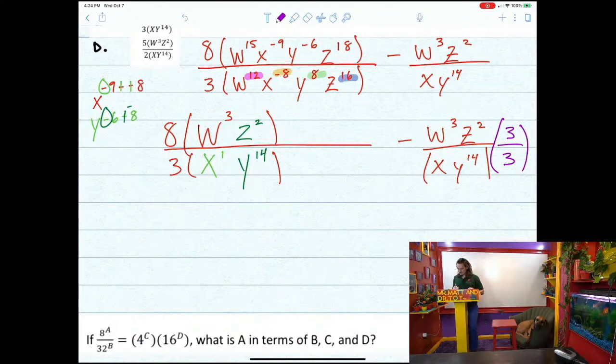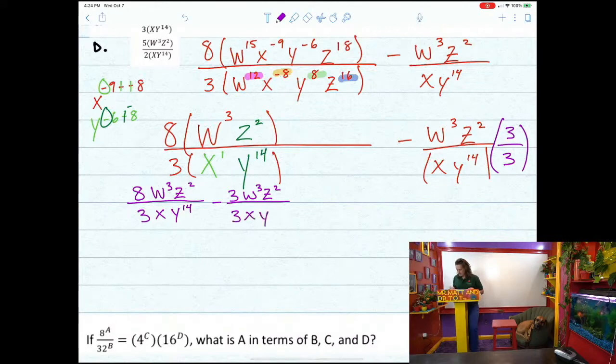So this is going to be 8 times w to the third z squared over 3 times xy to the 14th power minus 3w to the third z squared over 3xy to the 14th. So now we have common denominators.